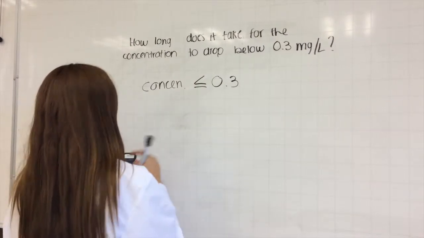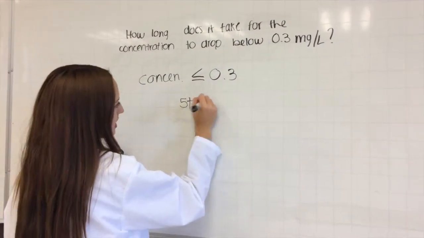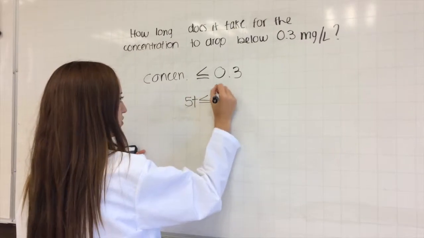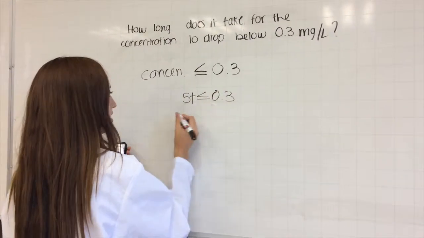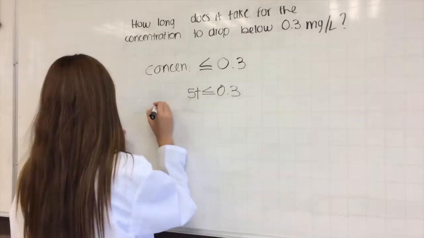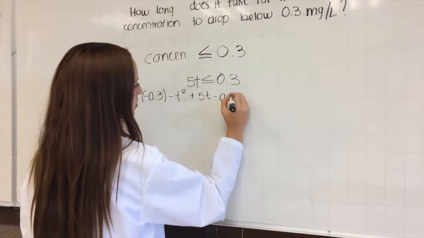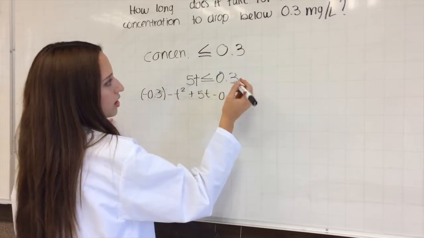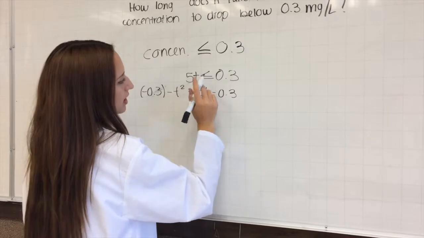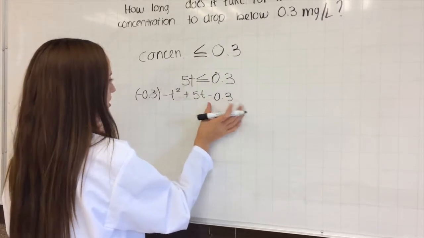Okay, so we start with the expression 5t, that is less than or equal to 0.3. Then we pass this one to this side and make it equal to 0. Also, we're going to use the rules for inequalities, and we're going to put another 0.3 on this side.